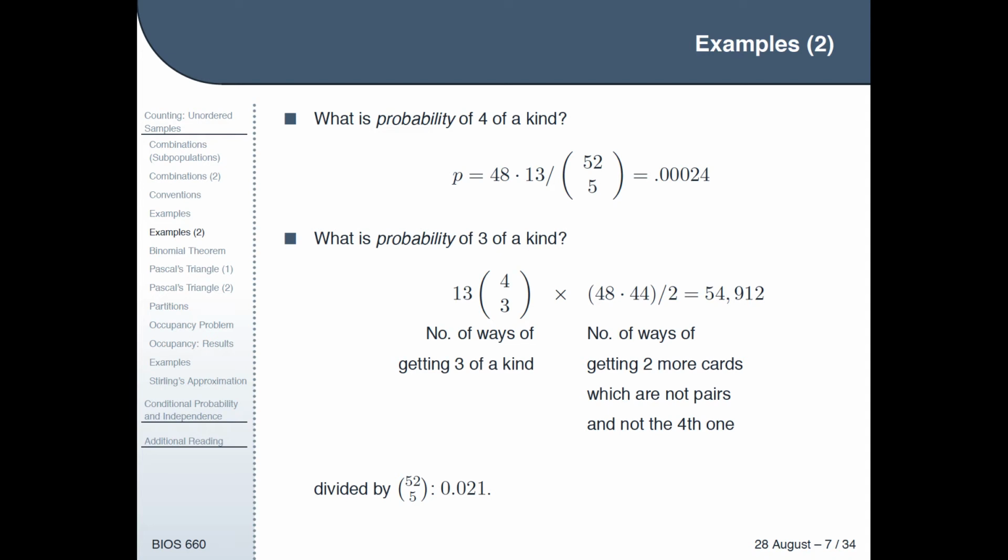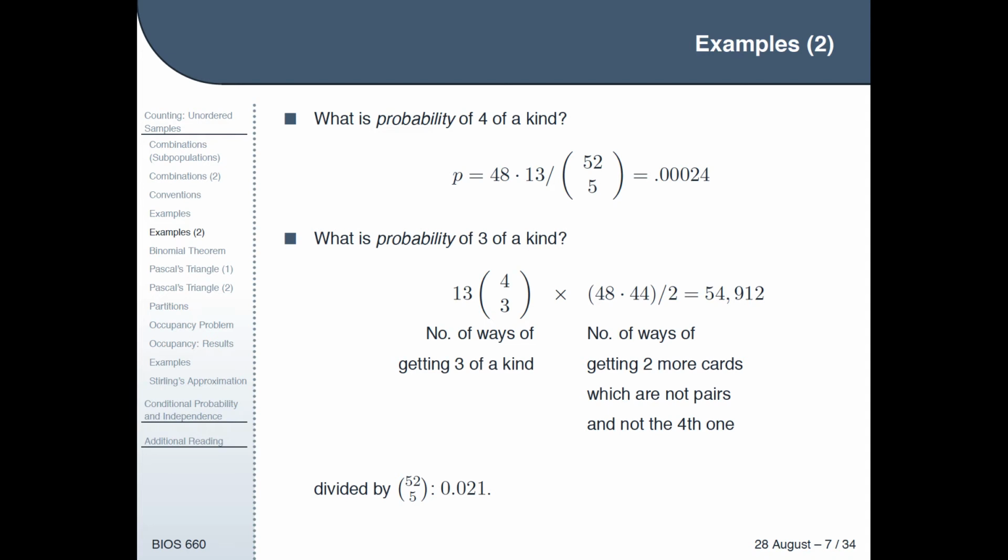So that's getting 3 of a kind for 3 of your cards. And then you need to multiply that by the number of ways of getting 2 more cards, which are not pairs and not the 4th one. And the simplest way to think of this is one of the 2 cards can be anything that is not whatever your 3 of a kind is. If you have 3 2s, it can be anything that's not a 2.